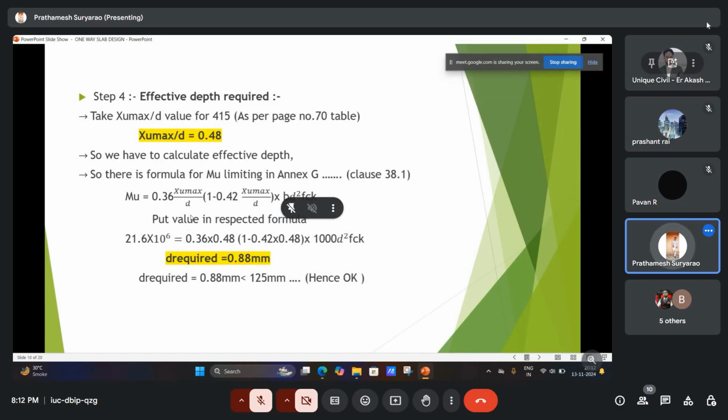Putting values in this formula, we get D required as 0.18. D required 0.18 is less than 125, the effective depth already calculated in the second step. So the required value is less than our provided value, hence it is safe and okay.